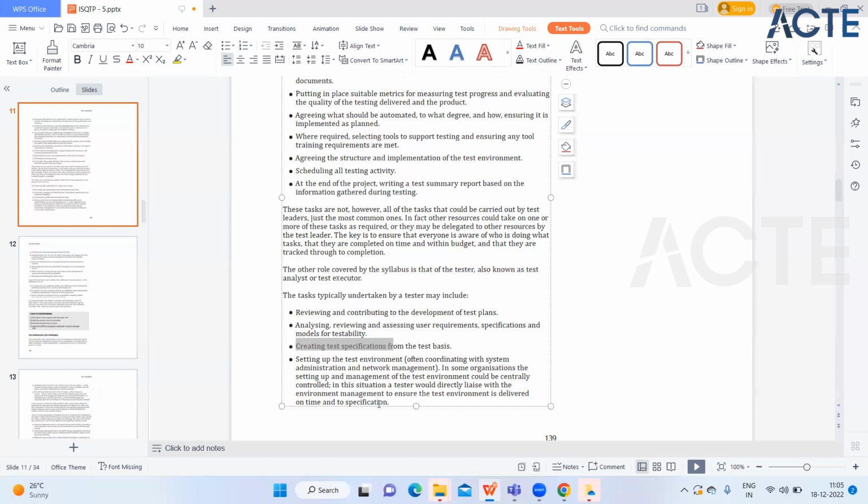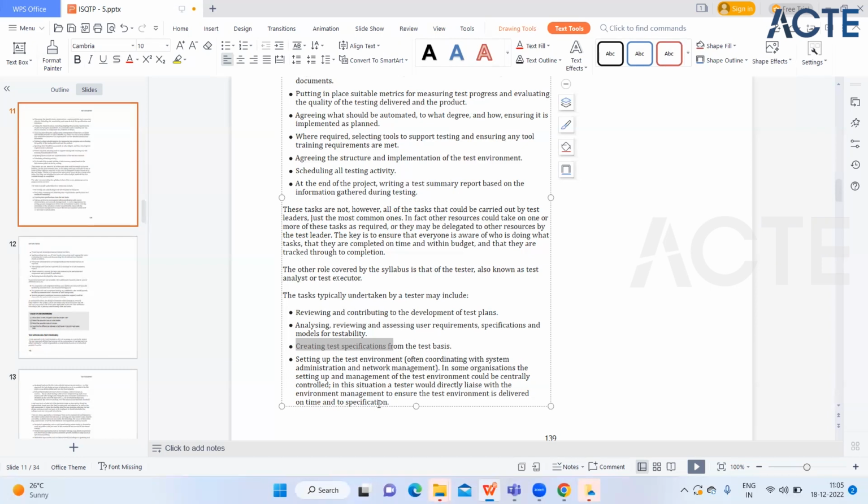It's a centrally controlled environment, and you just have to check whether that environment is ready to perform the testing. But in some organizations, it is the responsibility of the tester to set up the test environment.